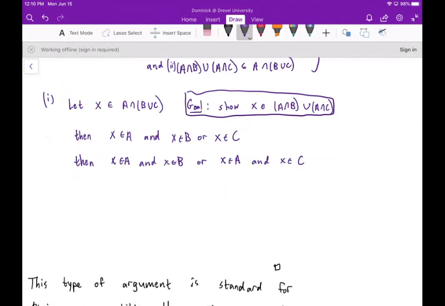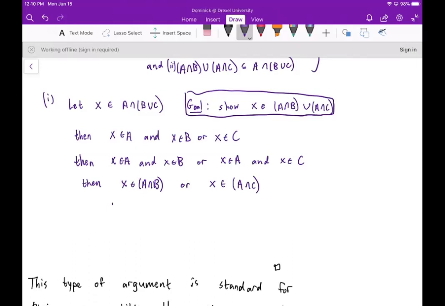Well, now we have exactly what we want to show, right? We have that x is in the intersection of A and B, because that's what this is saying, or x is in the intersection of A and C. Well, then what does this mean?